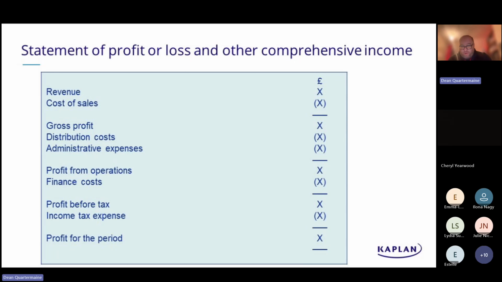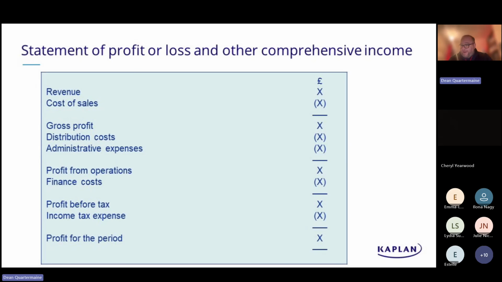Gross profit, so revenue minus cost of sales equals gross profit. We then have distribution cost, so the cost of distributing our goods, and administrative expenses, so they're all the admin costs around the business. We then get what's known as profit from operations. So what's your profit from day-to-day trading activity?